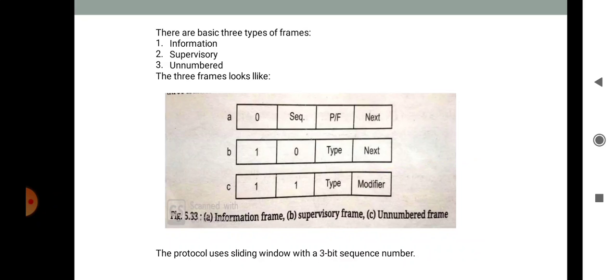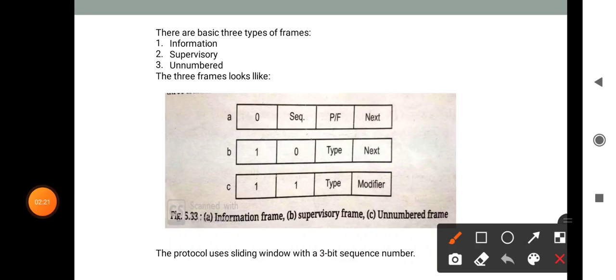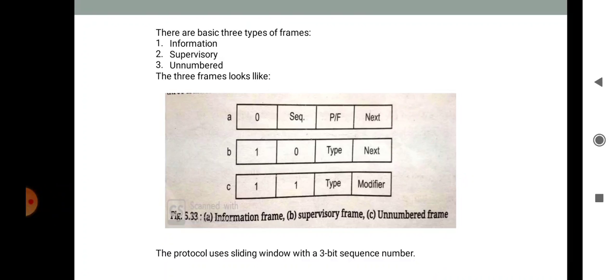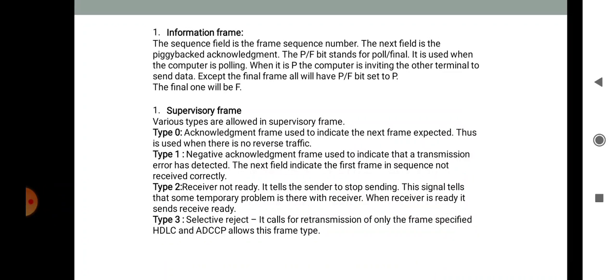Then the three frames look like this. Here the first frame is the information frame, the second frame is the supervisory frame, and the third frame is the unnumbered frame. The protocol uses sliding windows with a 3-bit sequence number. The first frame is the information frame.